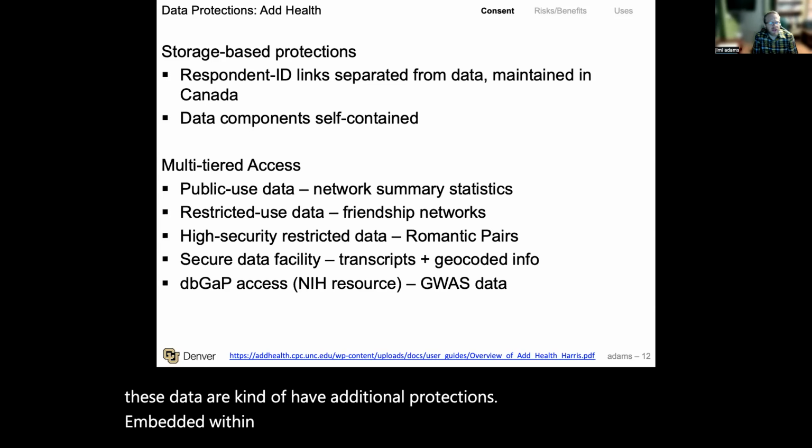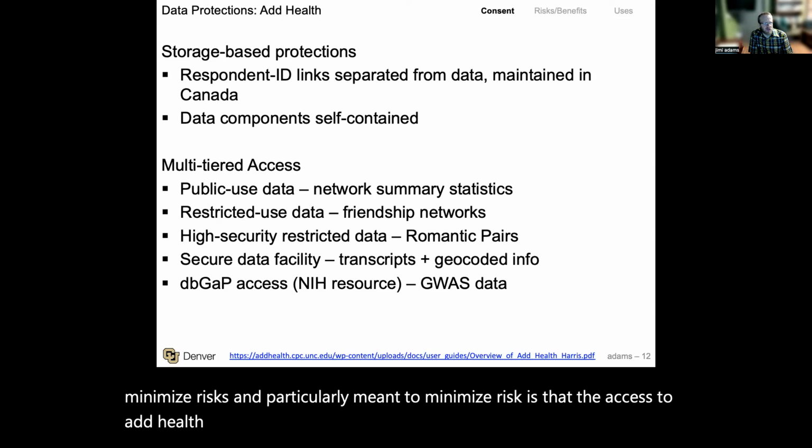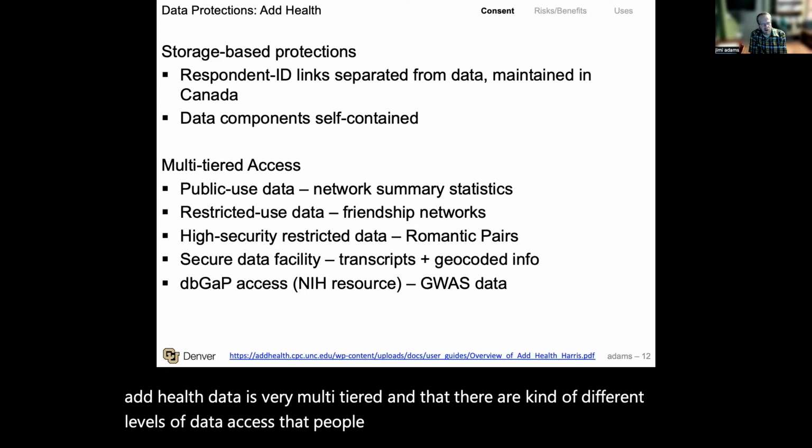And then an additional layer that is meant to minimize risks is that the access to AdHealth data is very multi-tiered, and there are different levels of data access that people can have. There's what are known as the public use data.